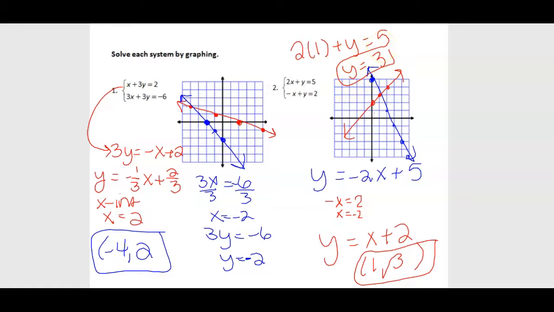And here, negative 1 plus y equals 2. So again, add your 1 over, and y equals 3. So what you see is that when you plug that 1 in, you get y equals 3.